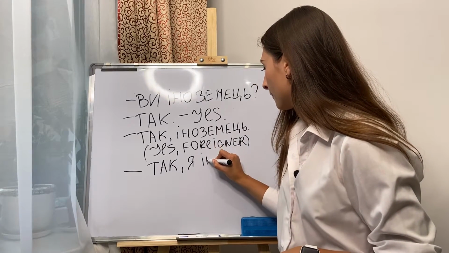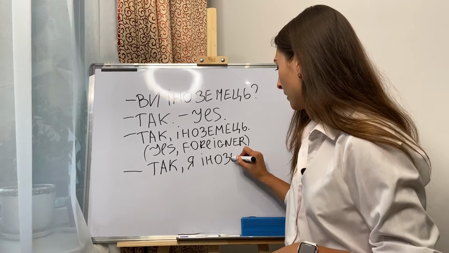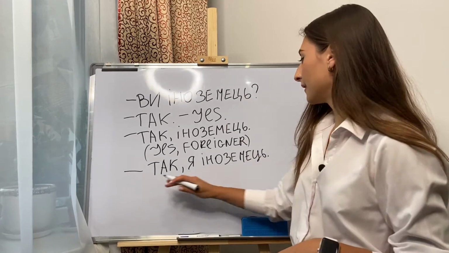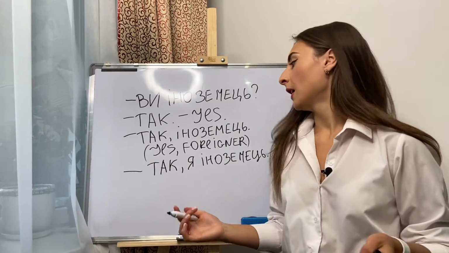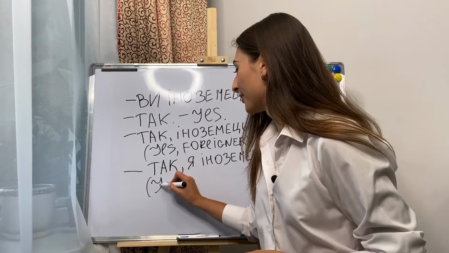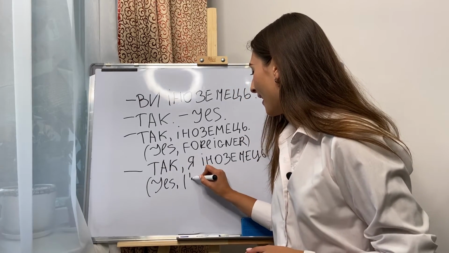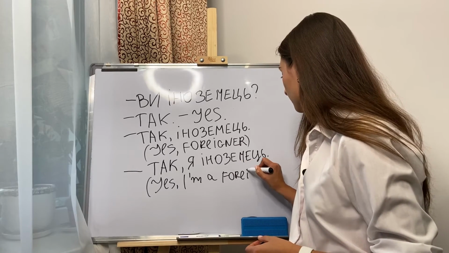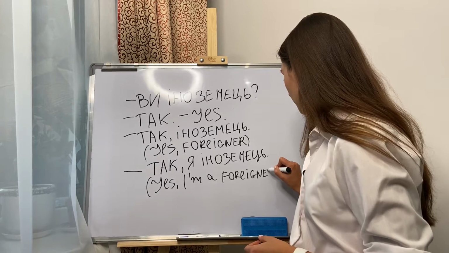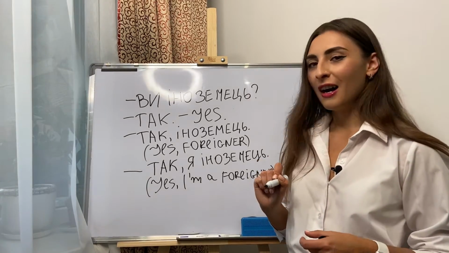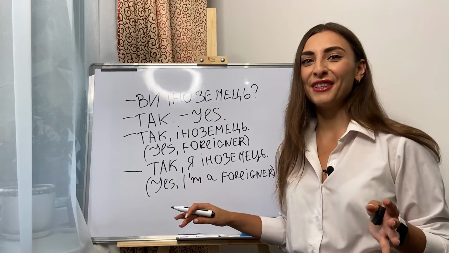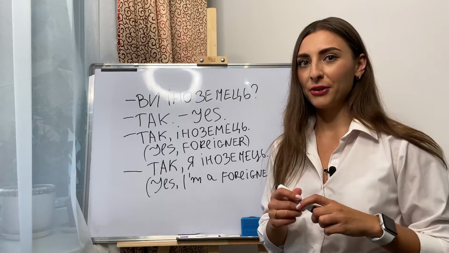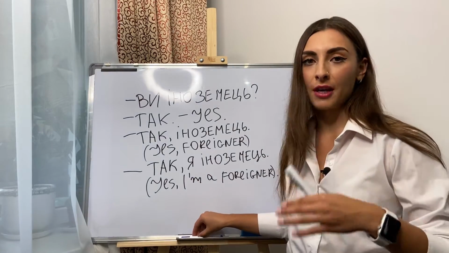It means yes, I am a foreigner. I'm sorry for my writing, but it's not really convenient to write just standing like this, but I hope it looks okay for you and it's clear what I'm trying to explain.